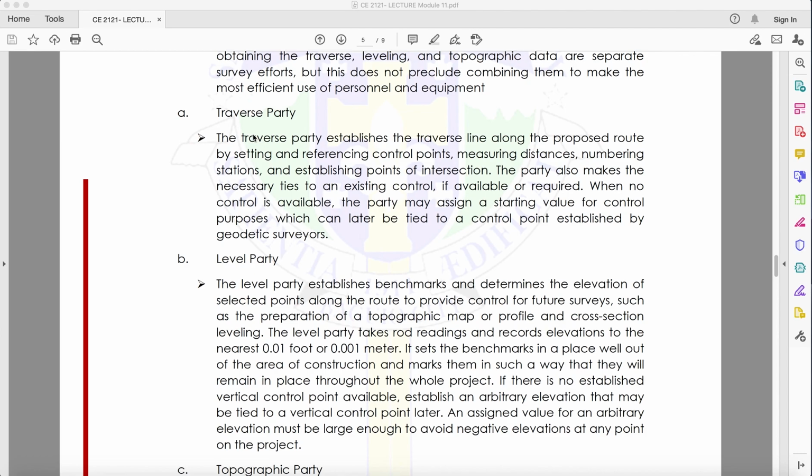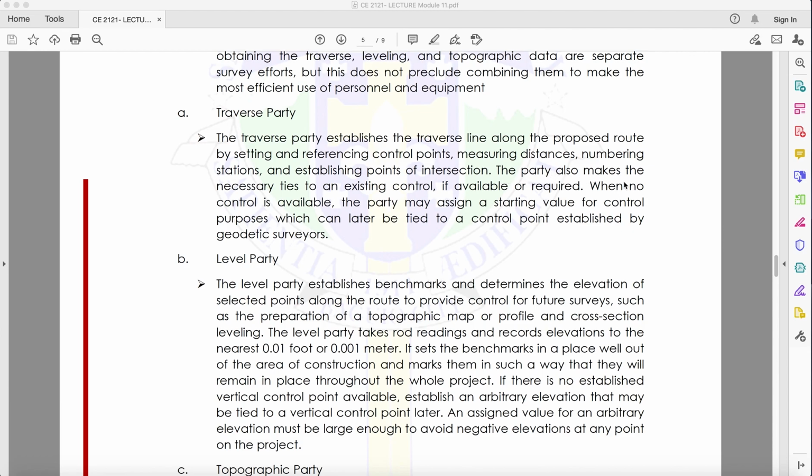Okay, next is a traverse party. So, what is a traverse party? The role of a traverse party is to establish the traverse line along the proposed route by setting and referencing control points. So measuring distances, numbering stations, and establishing points of intersection.